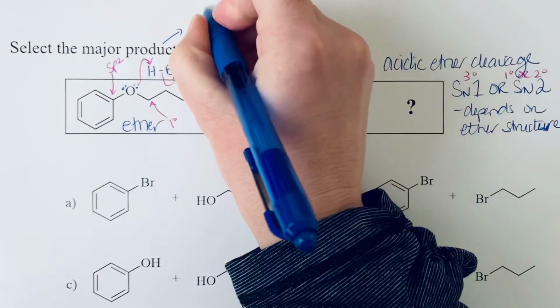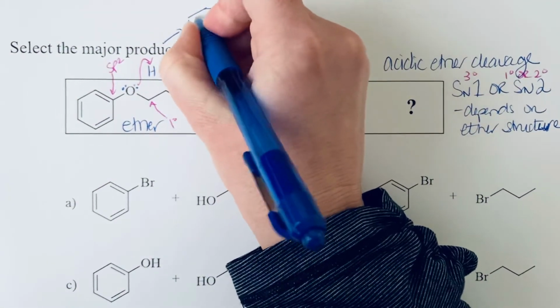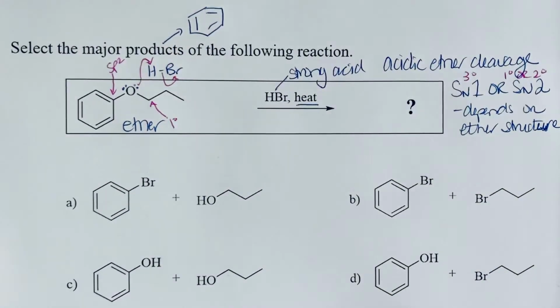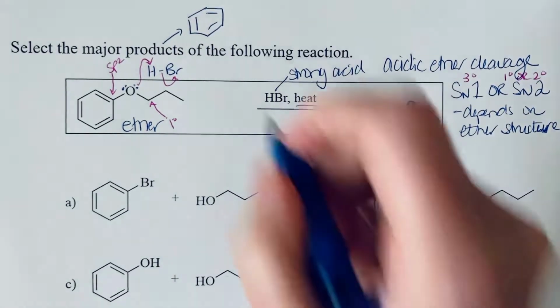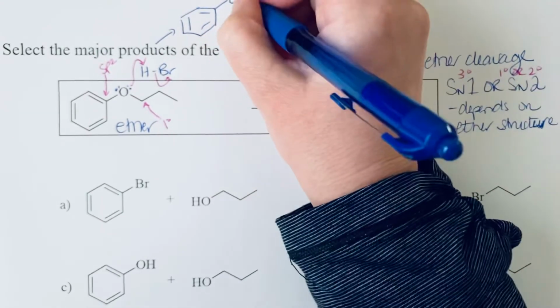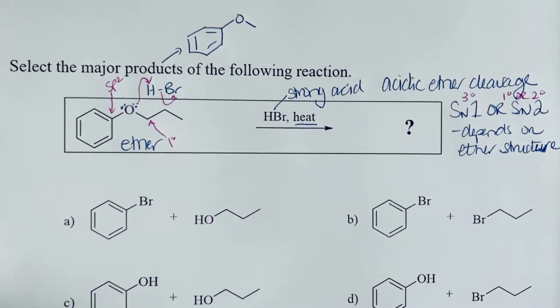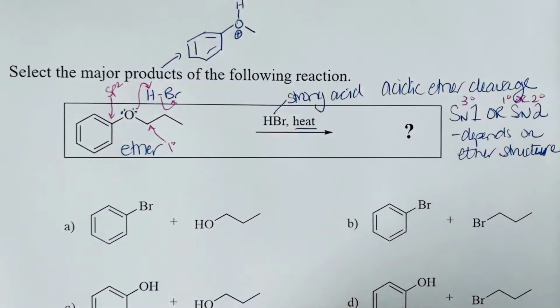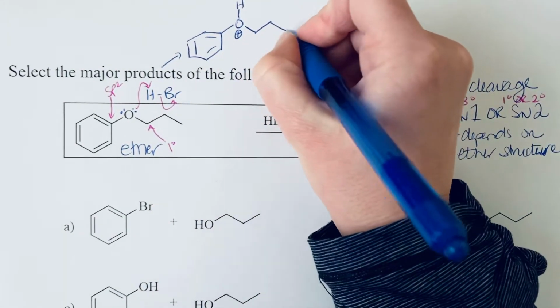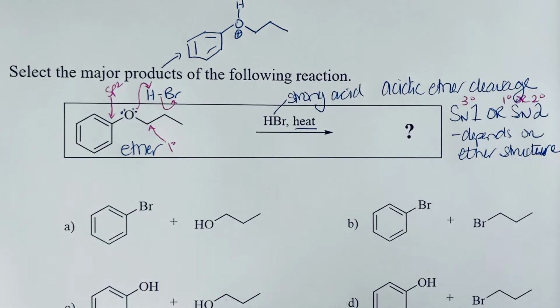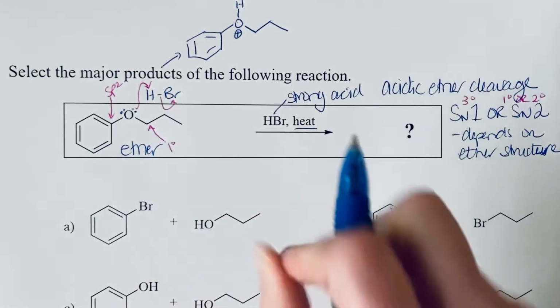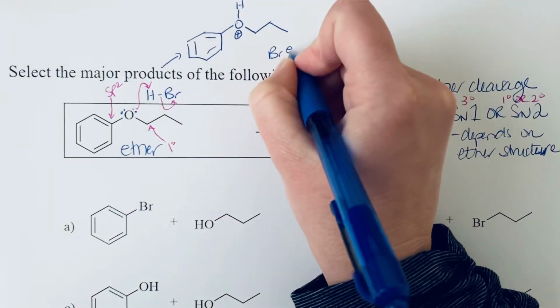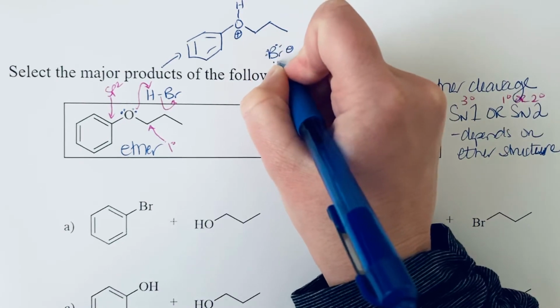So we can draw the product of this protonation, and what we've done is analogous to what we saw with alcohols, in that protonating the oxygen is going to transform a poor leaving group into a good leaving group, because now it's protonated, and when it leaves, it can leave as a neutral alcohol. And so we've generated the bromide ion as well, and this is the nucleophile.